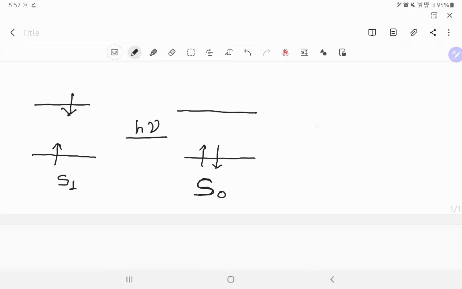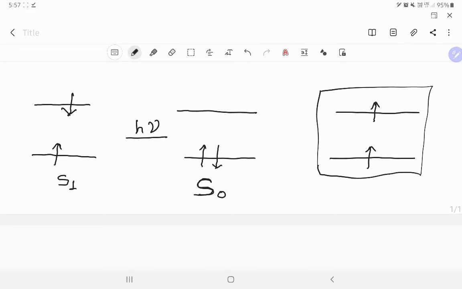If the electrons are parallel, this can happen. Two electrons in two different electronic energy levels can have a parallel spin. Now it is called a triplet state, say T1, the triplet excited state. Okay, got it? What is meant by singlet? What is meant by triplet?